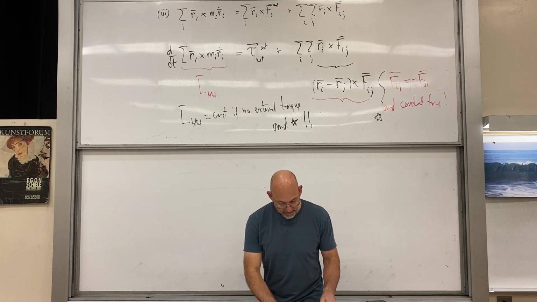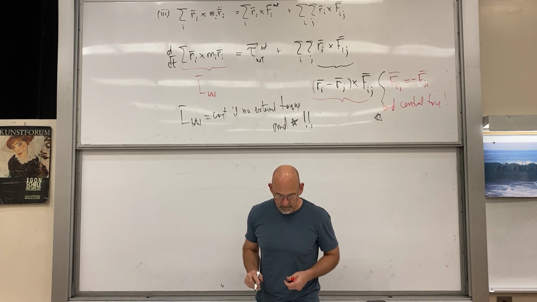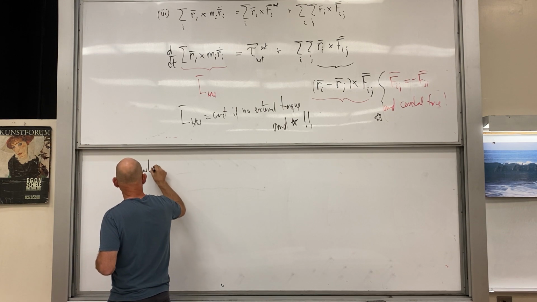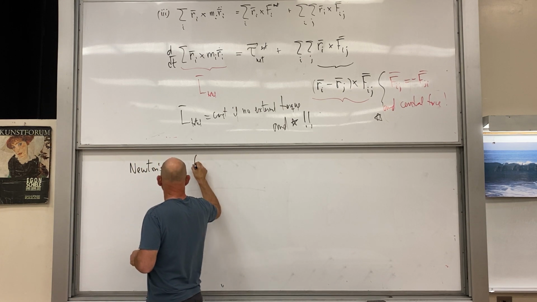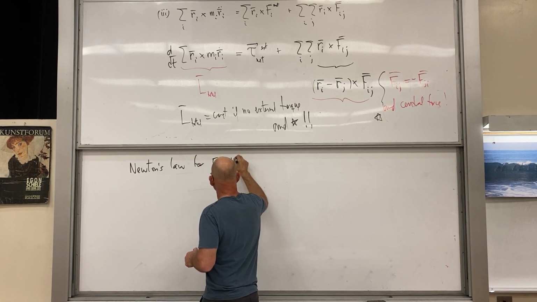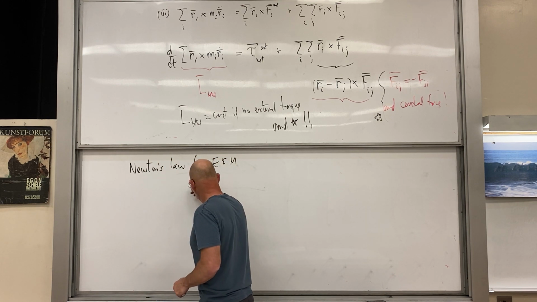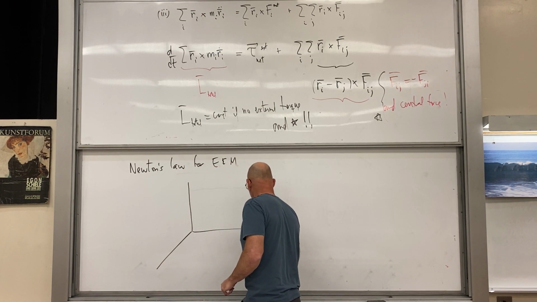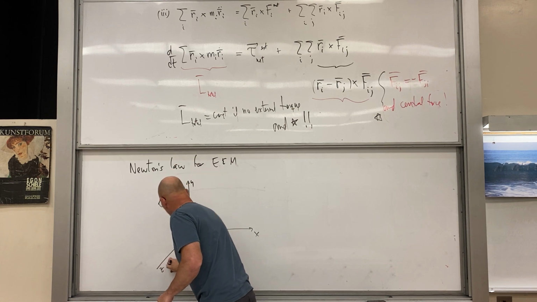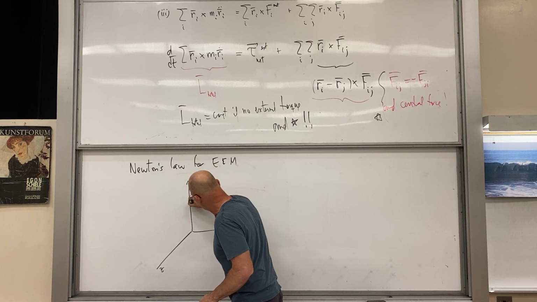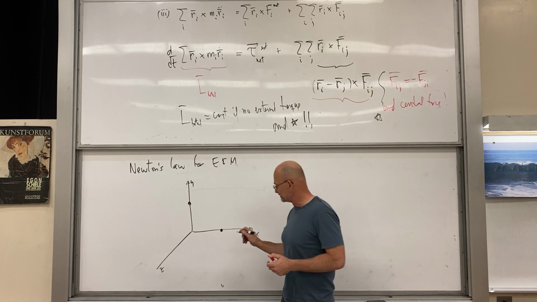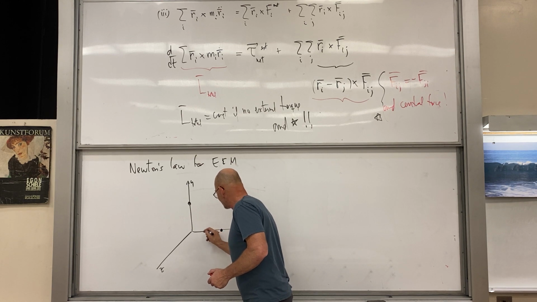So how are we going to title this? I'll just call this Newton's law in electrodynamics, or E&M. So here's what we do. We just sketch it. We make this one pretty big. We've got x, y, and z axes, and the idea is we have two charged particles, let's say they both have positive charge, and they're both headed for the origin.